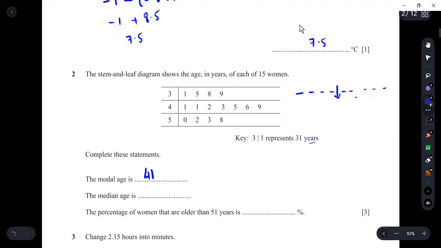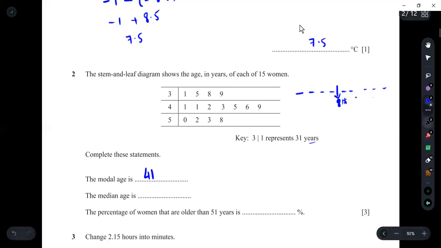So add 1 to 15, 15 plus 1, 16 divided by 2. It gives us the position of the middle number. So 16 divided by 2 is 8. So the number at the 8th position will be our median. It means there will be 7 numbers before this and 7 numbers after this.